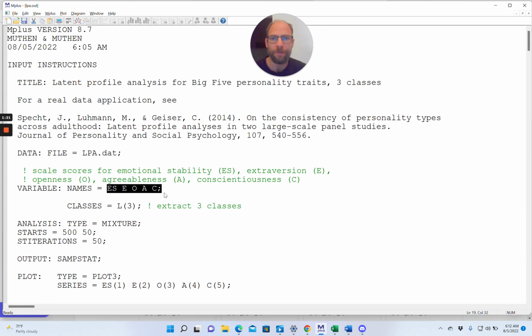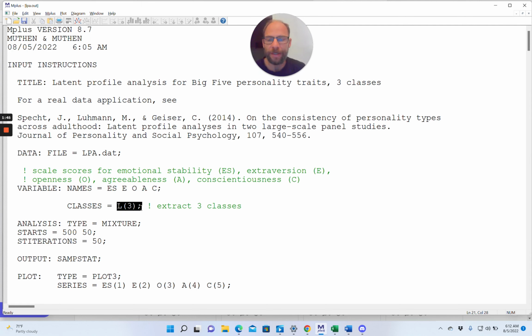We used continuous variables as is typical for latent profile analysis, and so in this case the 5 variables that were analyzed here were emotional stability, extraversion, openness, agreeableness, and conscientiousness summary scores from a scale that measures these personality traits.